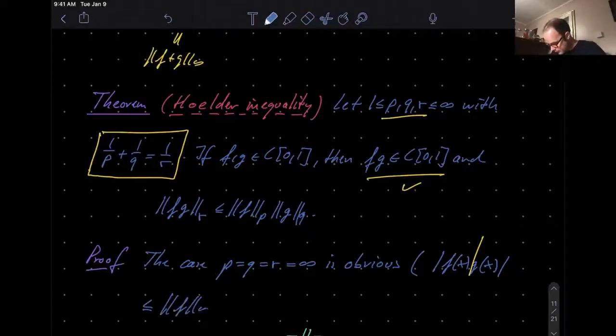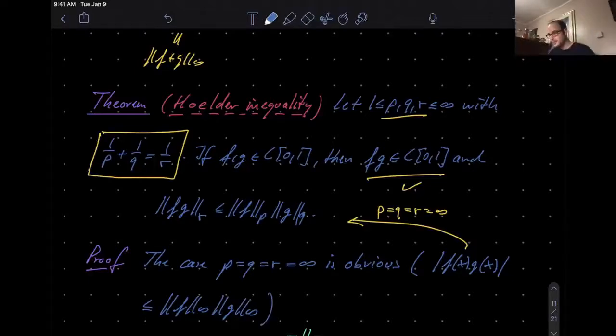Then you get immediately the infinity norms of f and g, and since this holds for all x in the unit interval, you just optimize the left-hand side, and you indeed get this inequality for p equals q equals r equals infinity. So this requires no further explanation.